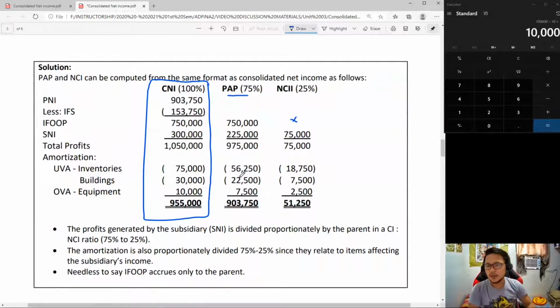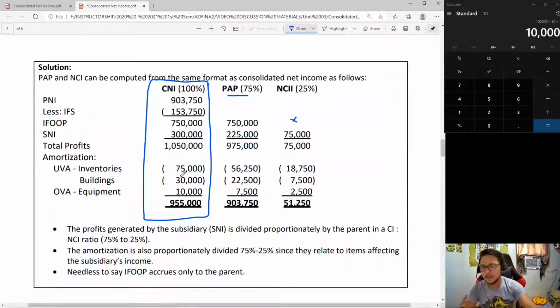Okay? And do take note, if it is a deduction in your consolidated net income column, all you have to do is multiply that by the controlling interest and non-controlling interest, then you will get the share of profit attributable to the parent and NCI respectively. So yan po.